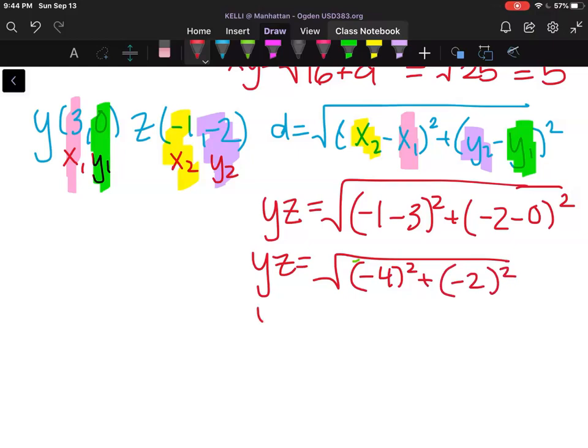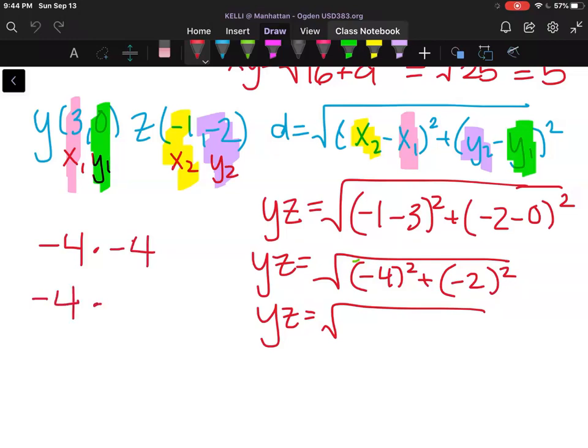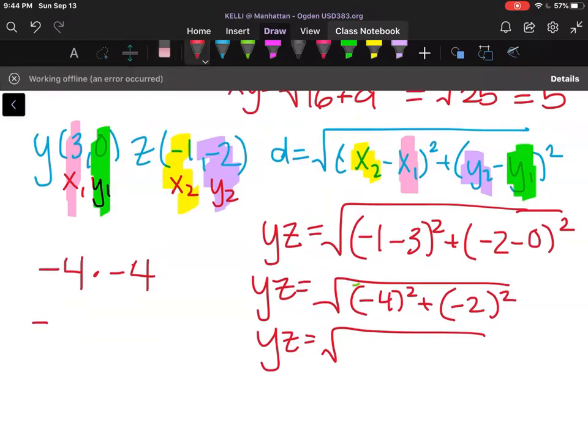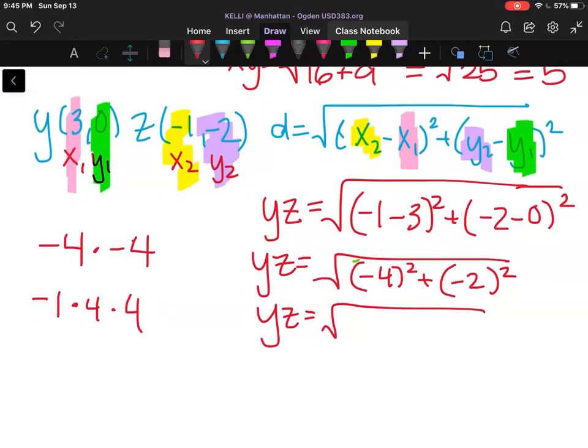Remember, keep that in parentheses, because when we go to square it, if you plug -4 in your calculator and you square it without parentheses, sometimes your calculator thinks it's doing -1 times 4 times 4, and you end up with a negative.